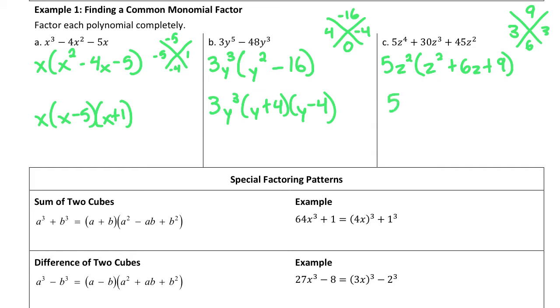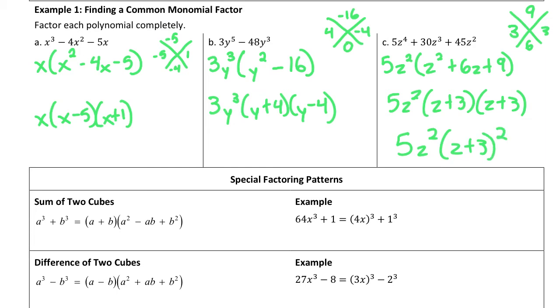So I'm going to show you how I want you to write this: 5z squared times (z plus 3) times (z plus 3). That's really z plus 3 times itself, so a way I'd like you to write this is (z plus 3) squared. It's a little review of factoring trinomials, but it's also that factoring out a common factor is an important part of that.